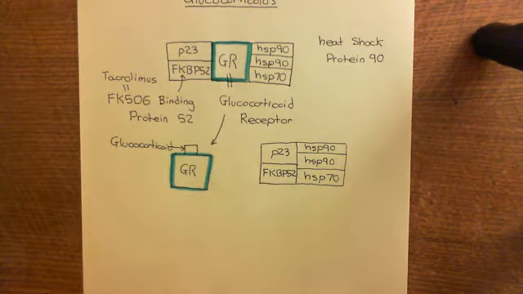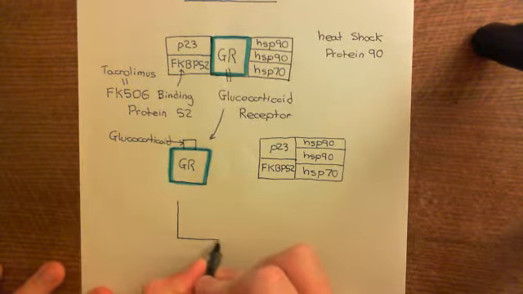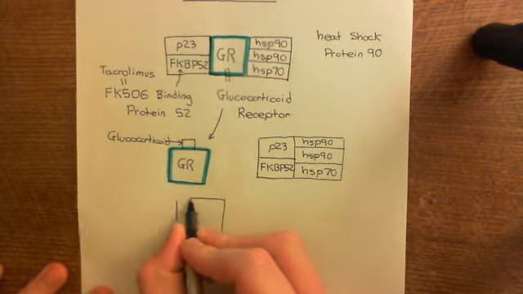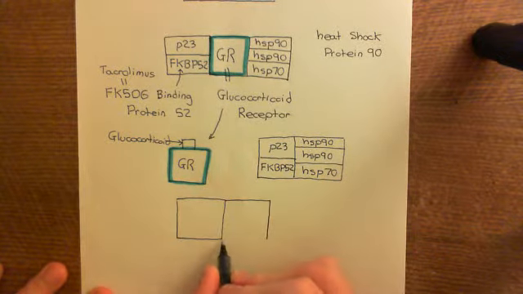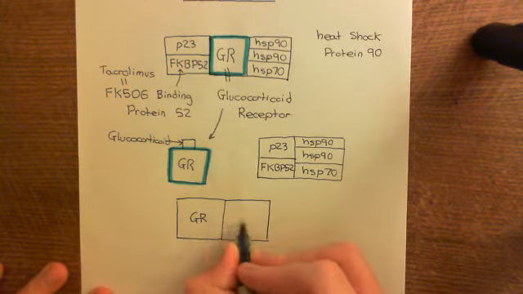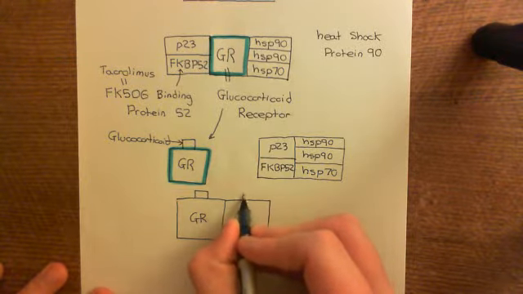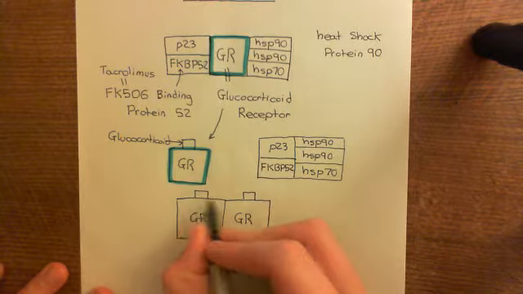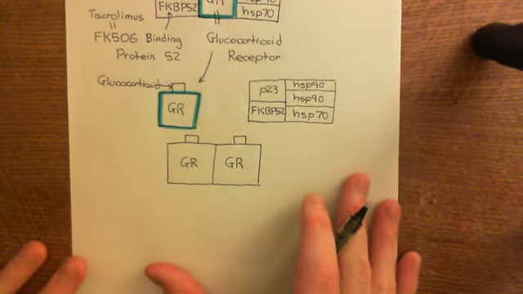Once you've freed a glucocorticoid receptor from all these other proteins, it can dimerize with another glucocorticoid receptor which has also been freed from its associated proteins. So here are two GRs, both dimerized together. They both have glucocorticoid molecules bound to them, one here and one here, which is the reason that they are free.